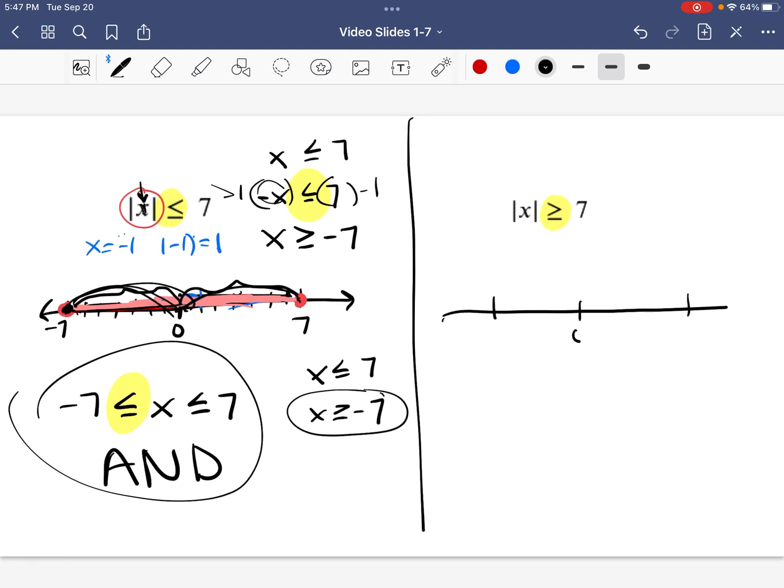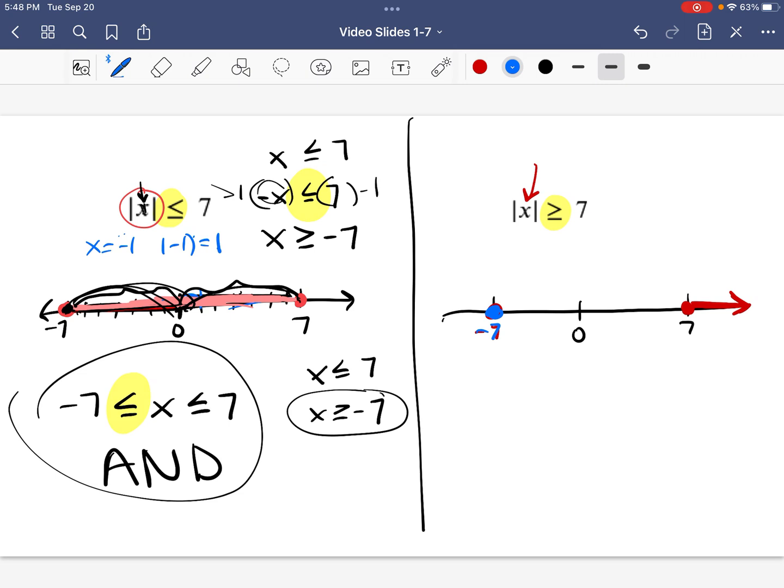If I'm here at 0, and here's my boundary point at 7, and I'm saying the absolute value of x, so the distance from 0, is more than 7, well, what are numbers that are more than 7? 8, 9, 10, all these ones, right? But what other numbers could I plug in for x that would still give me an absolute value greater than 7? Well, if I plug in -7, that would be equal to 7.